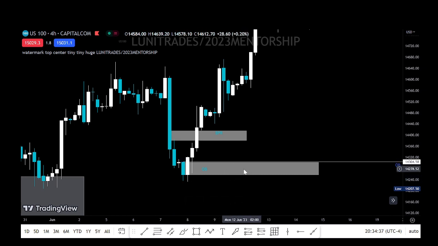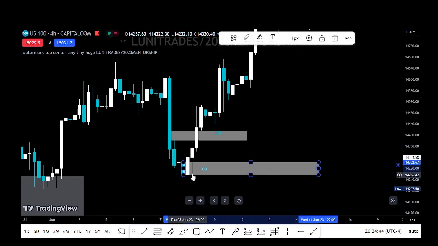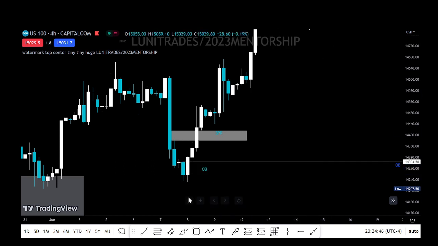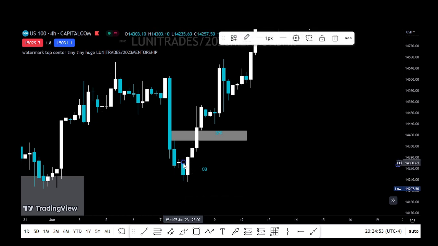Now if you don't want to use the box, as I don't actually draw my order block like this, you can just use something like this, putting a line here. This indicates that I'm expecting price to get to this line. Do you understand?